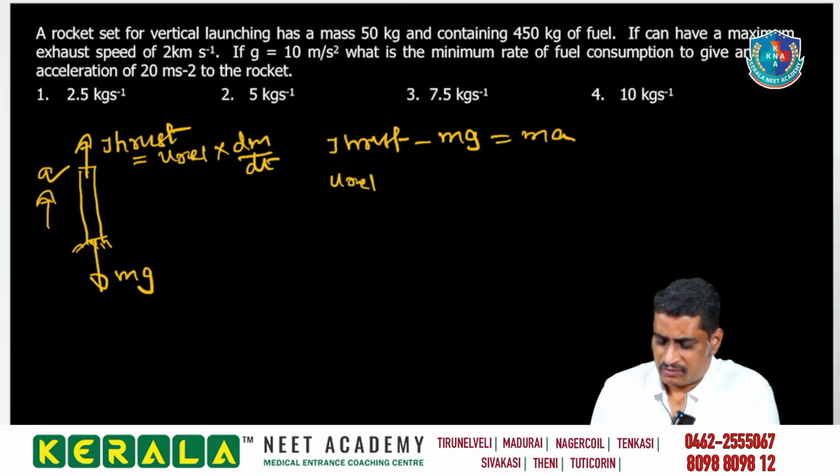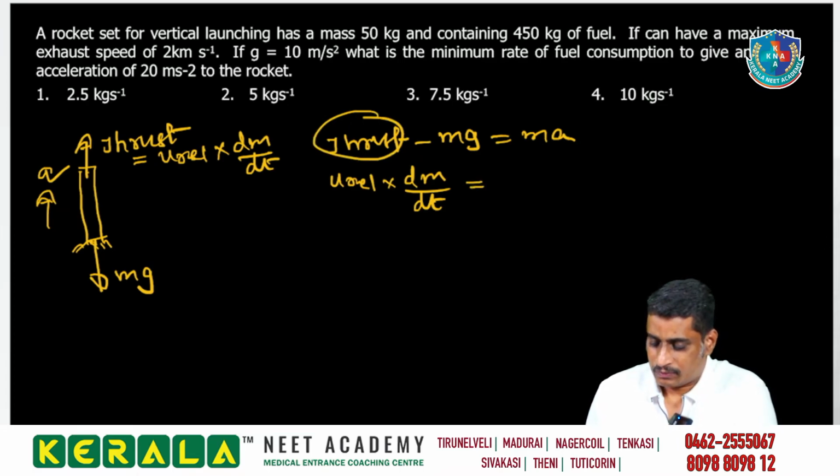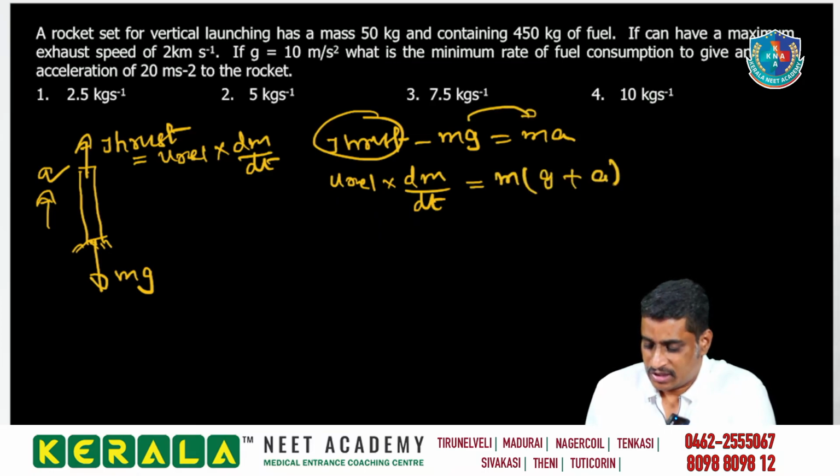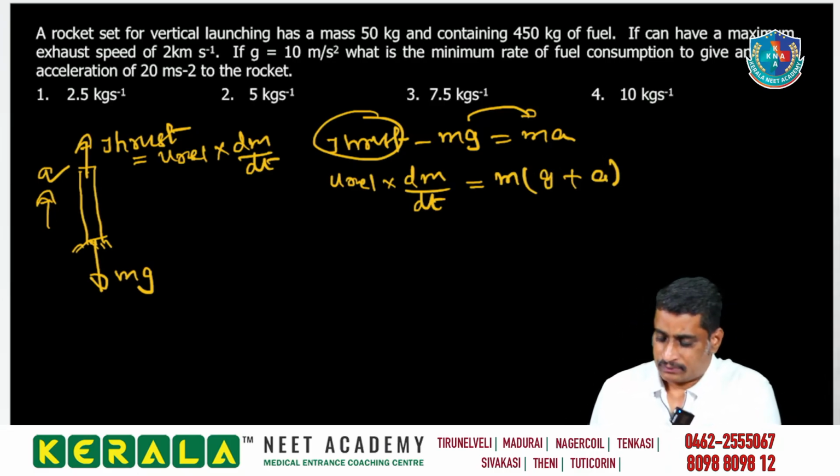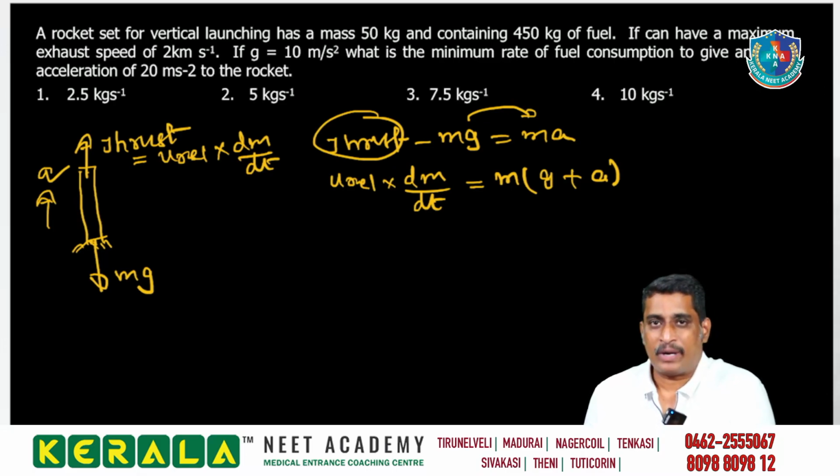Then the velocity of the gases with respect to the rocket into dm by dt is the thrust value. This is the formula of the thrust. If you take this factor to the other side, it will be m into g plus a.